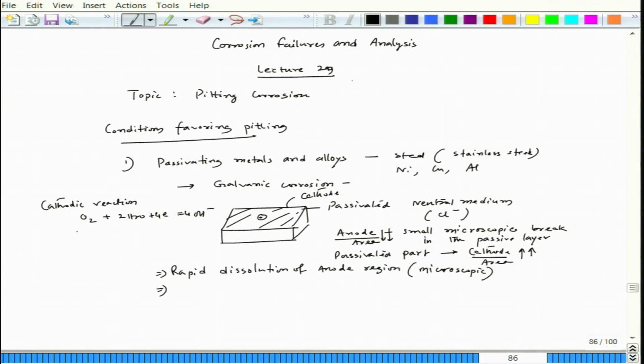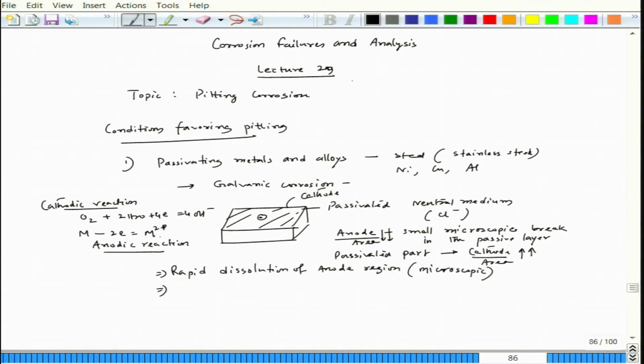And let us say if it is some metal M, M minus 2e equals M2+, this is the anodic reaction. Fine. So, these are the two reactions.